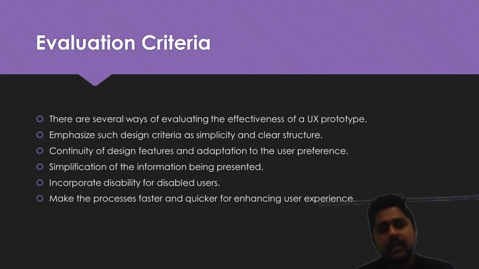Continuity of design features and adaptation to user preference. What is the preference of the users? That's the thing that fetches more users to the website. What are their preferences? If I get to know what they like to use, for example, if I'm running a restaurant and I know which dish is more popular, what kind of cuisine the majority of my customers like to have, I would be focusing on that particular cuisine.